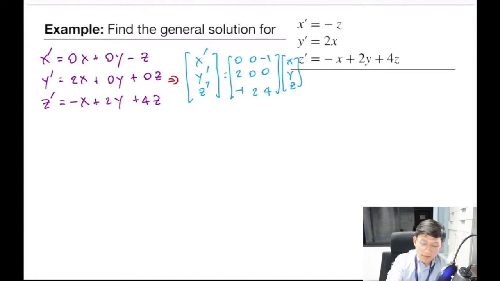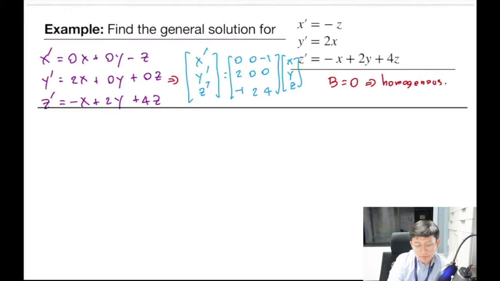Because B is 0, that means it is homogeneous. So guys, if the question is already in the matrix form, that is good. But if it is in this form, you need to first change it into the matrix form.